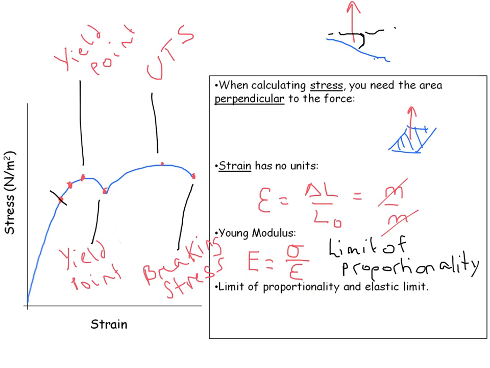For this material on the left-hand side, your elastic limit is this second red blob you encounter. So there's a difference between the limit of proportionality, the first blob, and the elastic limit, and that's an important difference.